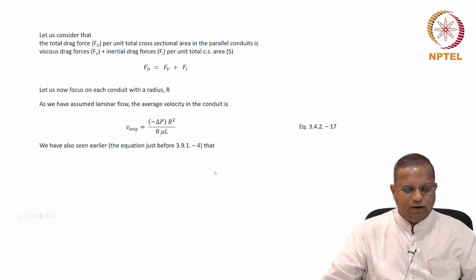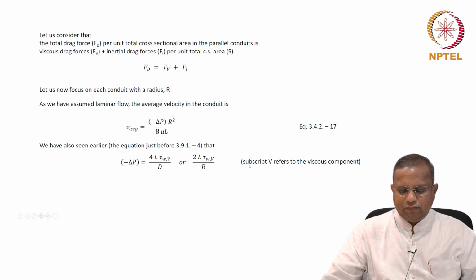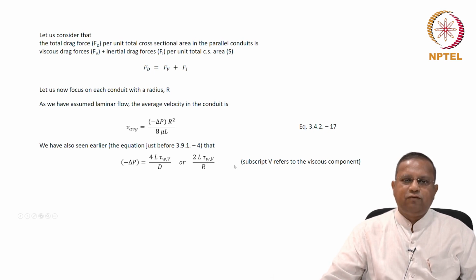We've also seen that minus delta p equals 4L tau w by d, or 2L tau w by r. V is just added to emphasize the viscous component. Tau w, the wall shear, is good enough, but V is added to emphasize the viscous component, and this is normally found in the formulations. This is there in the book, so we'll follow the same thing here.